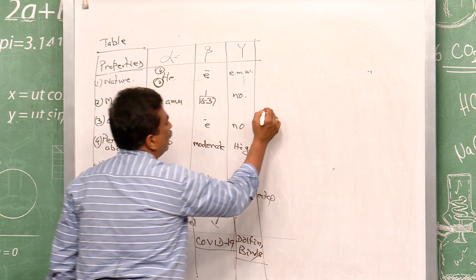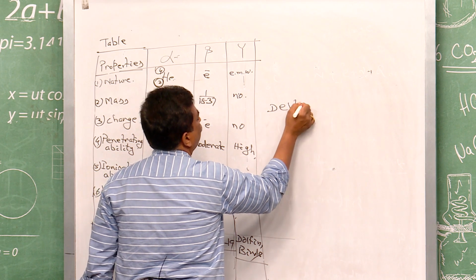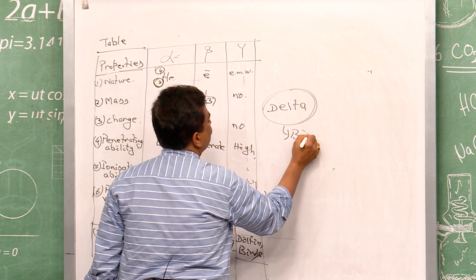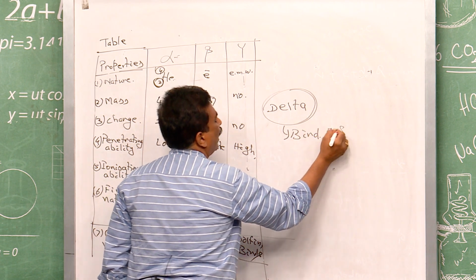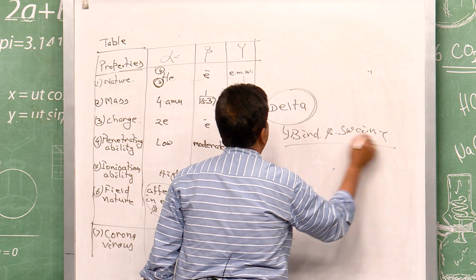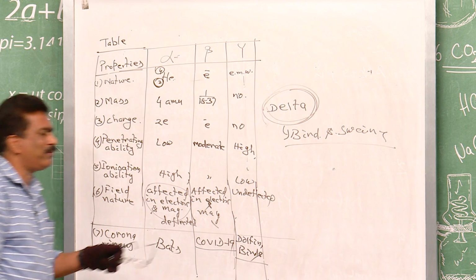The newly developed one is delta, which is also towards birds and swans. So this is the delta of the coronavirus.